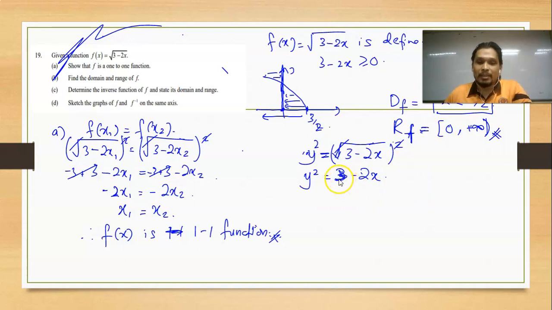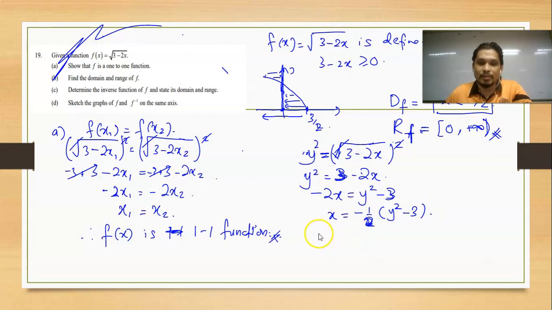Okay, so bring this 3 to the side. Negative 2x equal to y squared minus 3. Okay, and x equal to negative 1 over 2 times y squared minus 3.